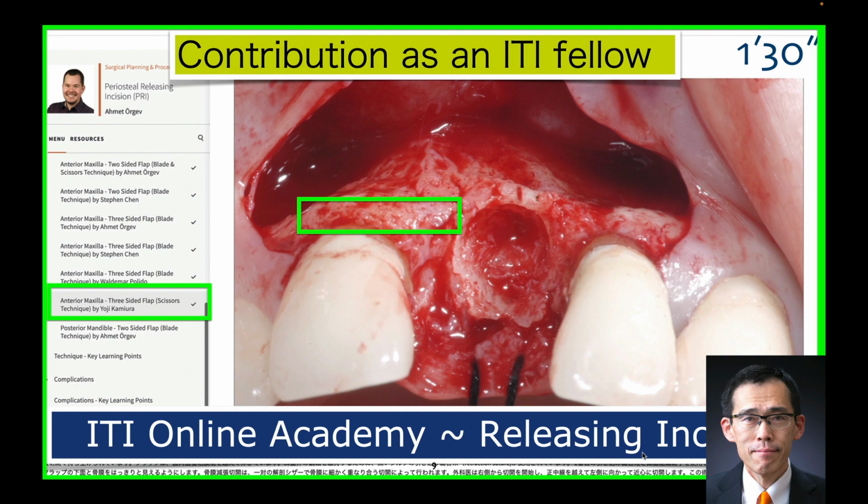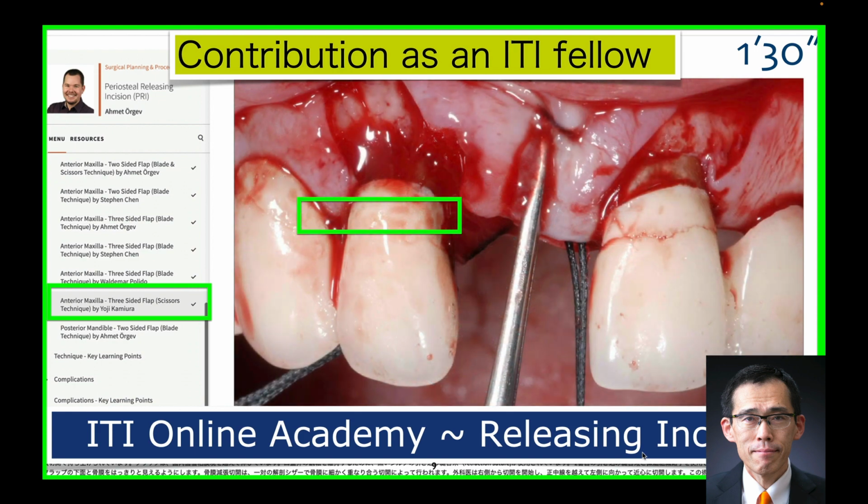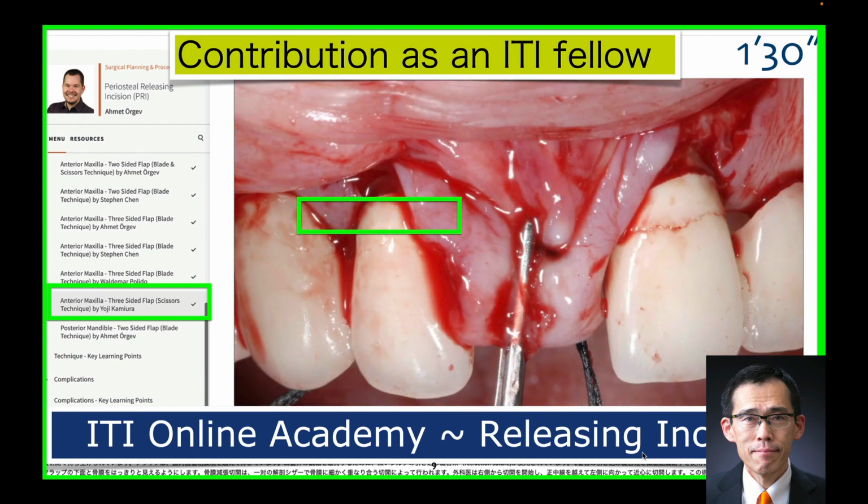The flap is extended apically beyond the mucogingival junction. A black silk retraction suture has been used to maintain reflection of the palatal flap. Using a second retraction suture and fine tissue forceps, the flap is gently pulled buccally, providing clear visibility of the undersurface of the flap.